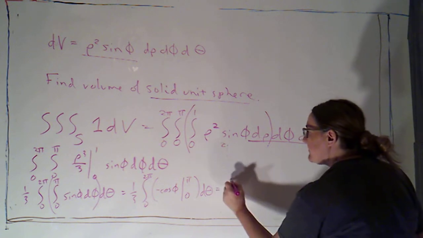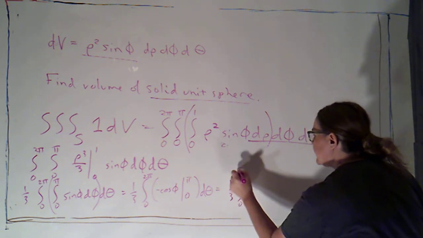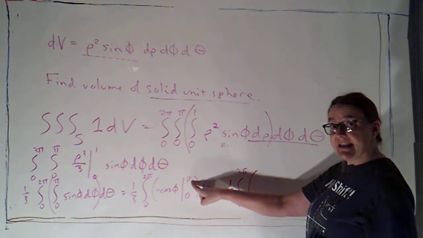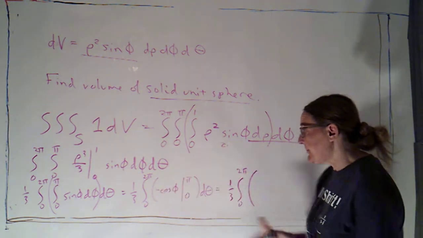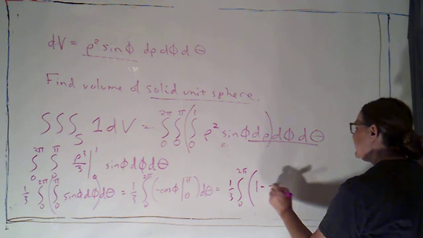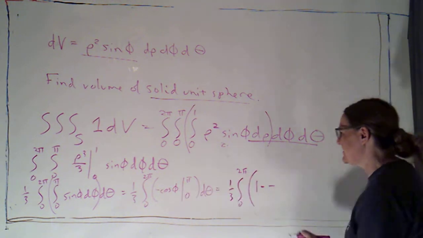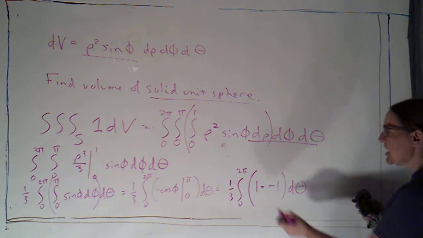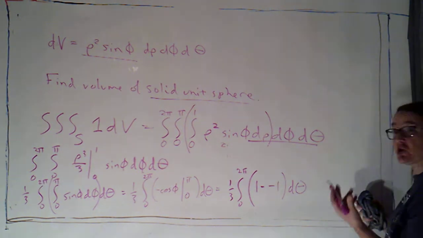So that's going to give me 1/3 integral from 0 to 2 pi of: cosine of pi is -1, the opposite of that is +1. Minus negative cosine of 0, which is 1, and then we integrate d theta. So 1 minus -1 is just 2.